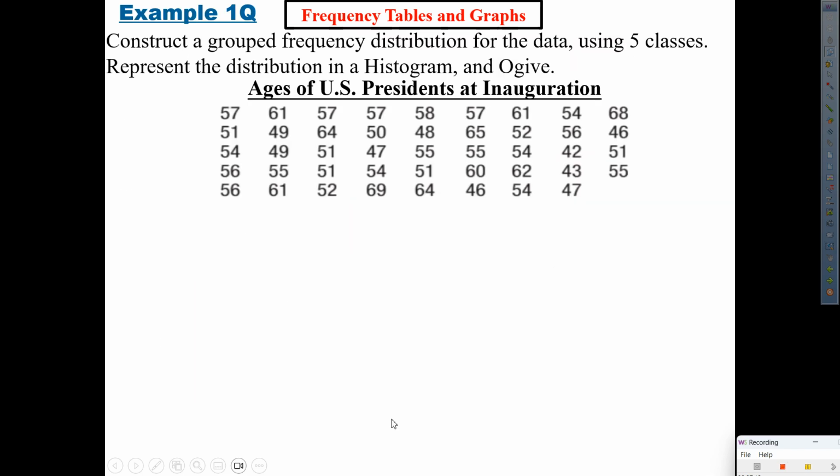All right? In order for us not to copy all the raw data on paper, I'm going to send you the screen so you can use the screen as your notes, but I do want you to copy the instructions though.